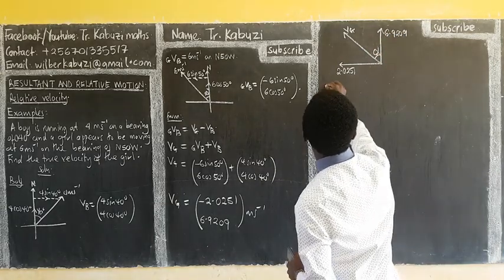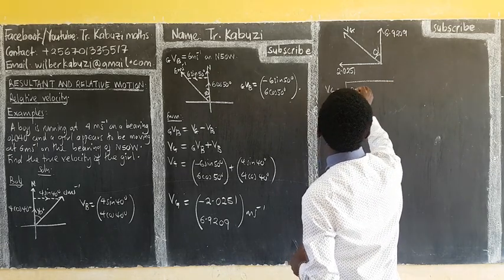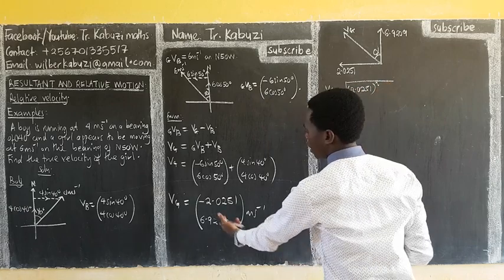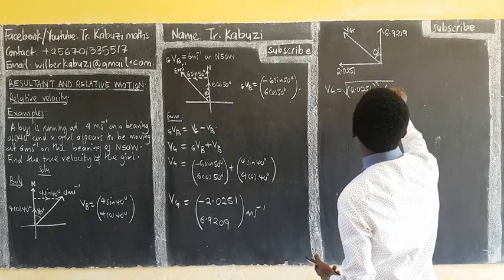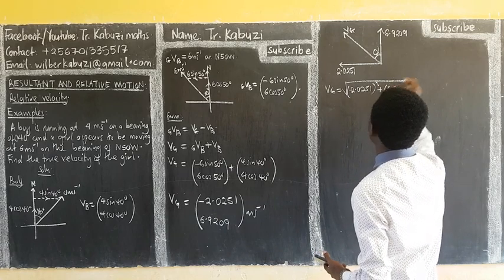Okay, so from there I can see that my velocity of the gun is going to be the square root of 2.0251 squared plus 6.9209 squared.